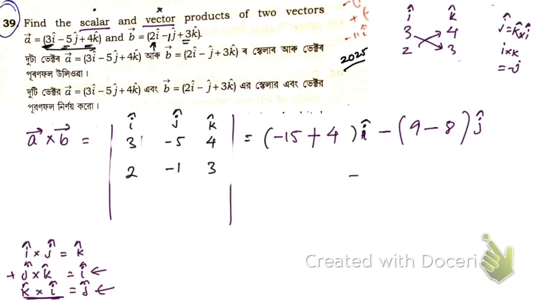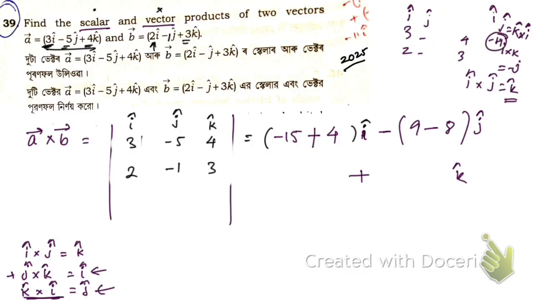Okay, then again plus K cap. So we know that I cross J is equal to K cap. So for K cap we need to take I and J, right? So what are the numbers below the J cap? We have minus 5 and minus 1. Take this column.